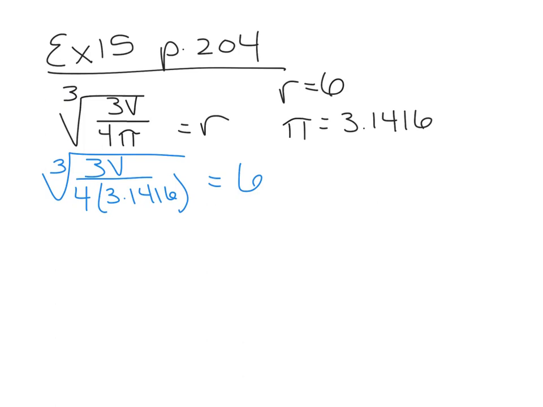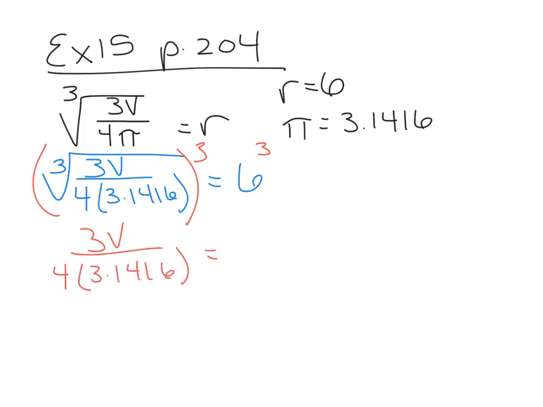I'm not going to multiply any of this stuff out until the end. I'm just going to continue to move on and isolate my v, and then I can put it all in the calculator at one time. I'm going to use a cube here because it's a cubed root. That's going to give me 3v over 4 times 3.1416 equals 6 cubed is 216.